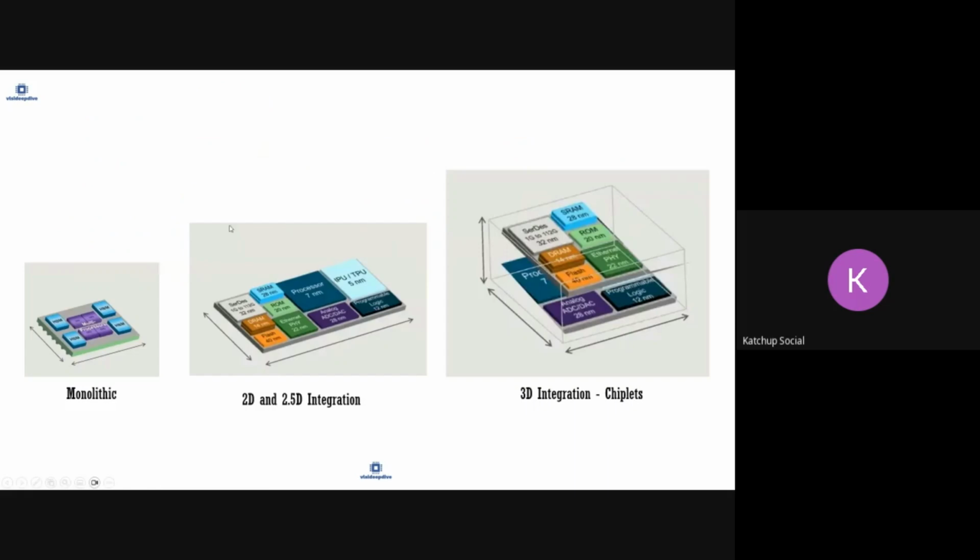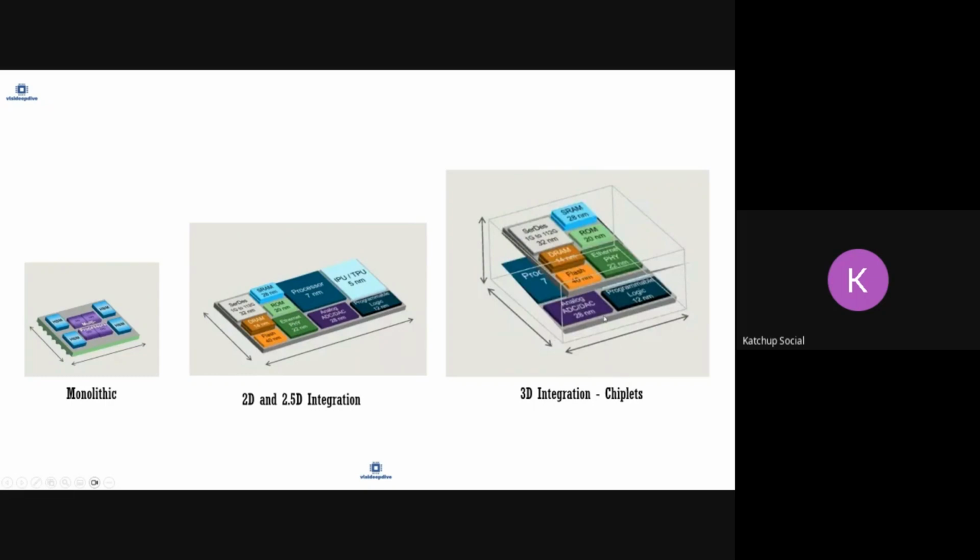Okay. So we used to have SoCs, which were monolithic, basically everything bunched together, a whole system on a single IC. Then 2D and 2.5D integration allows multiple ICs or chiplets on different technologies to connect together, but stacked horizontally.